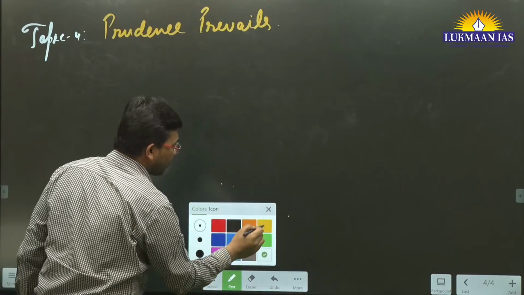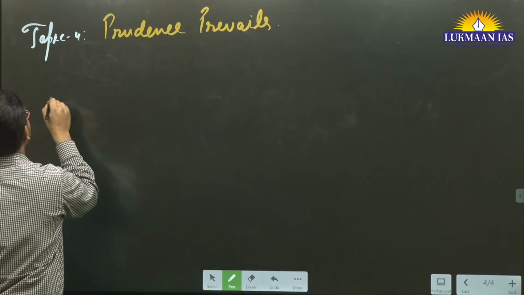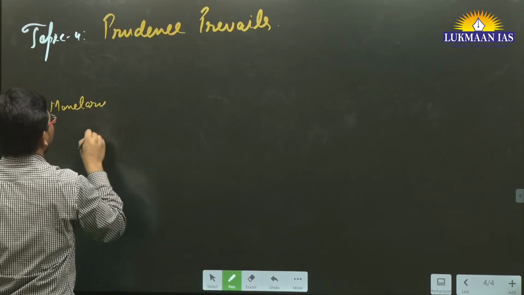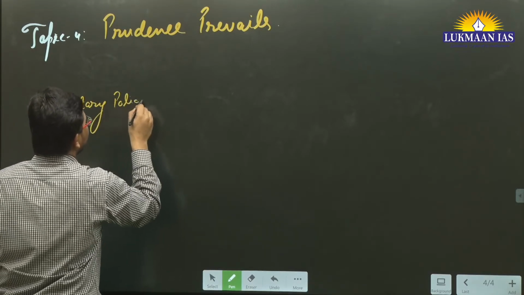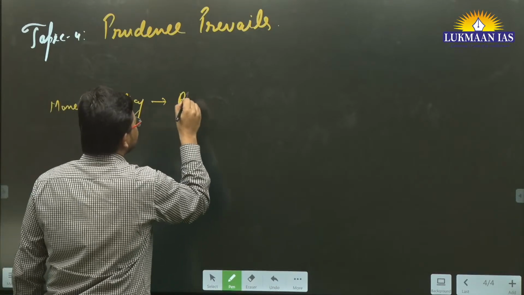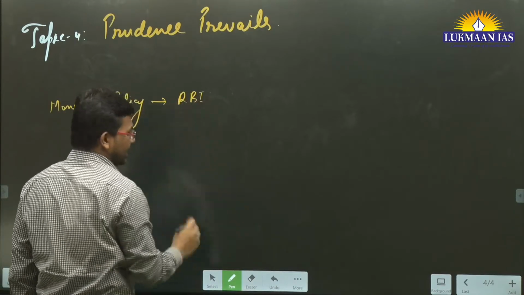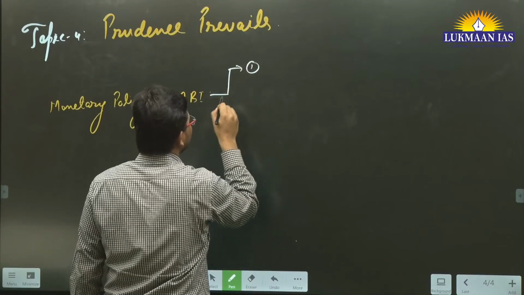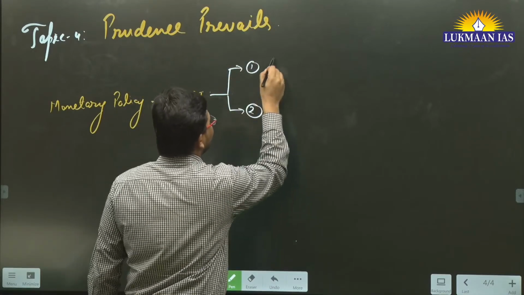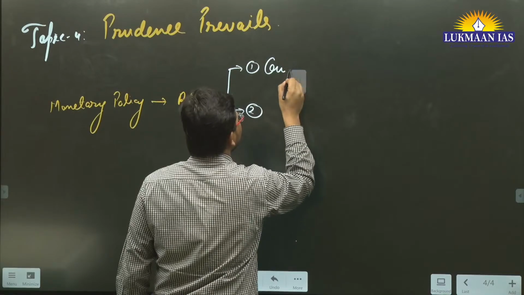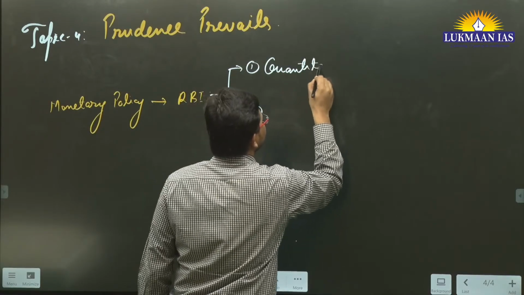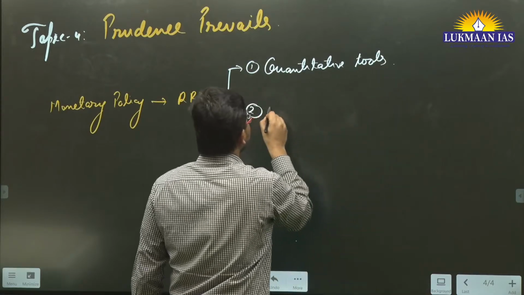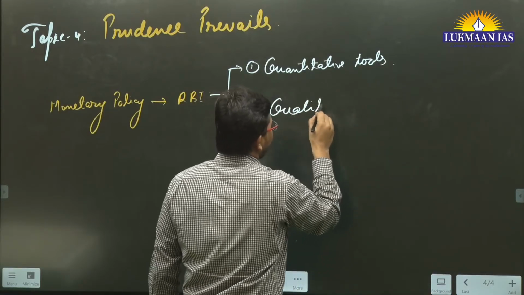Now we are going to understand this topic from the viewpoint of monetary policy. So who sets the monetary policy in the country? It is set by the Reserve Bank of India. The Reserve Bank of India has many tools at its disposal. Some of the tools are known as quantitative tools, and others are known as qualitative tools, right?